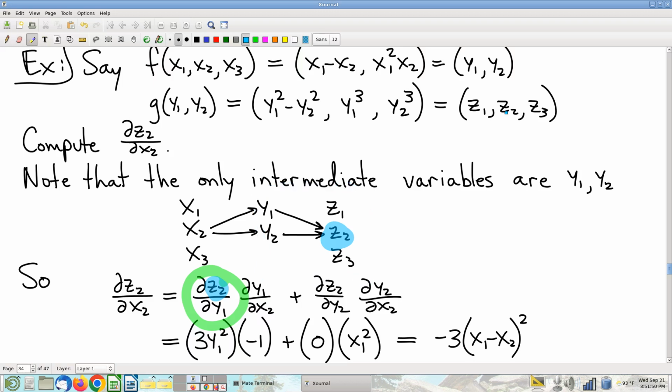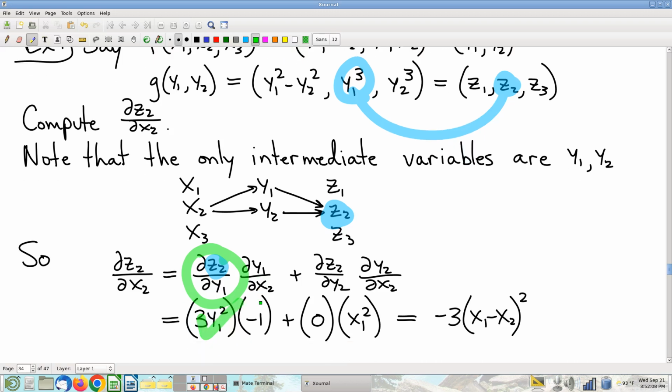So z2 is that. It's y1 cubed. So we're taking the partial of y1 cubed with respect to y1, and that gives us 3y1 squared. Everybody good?